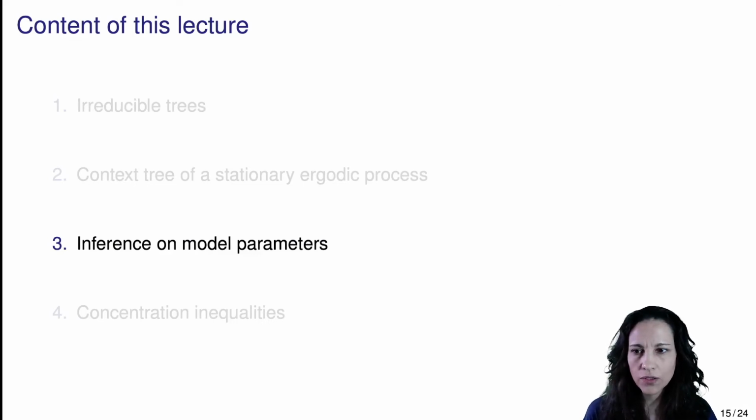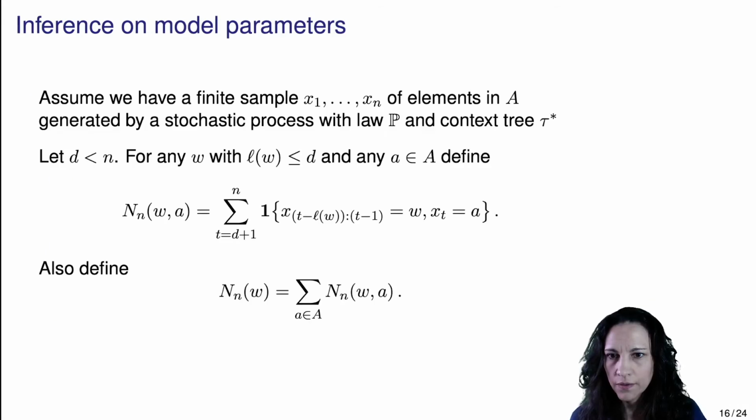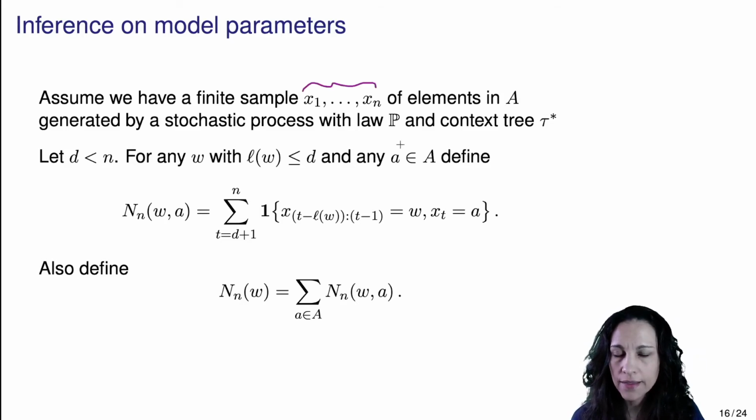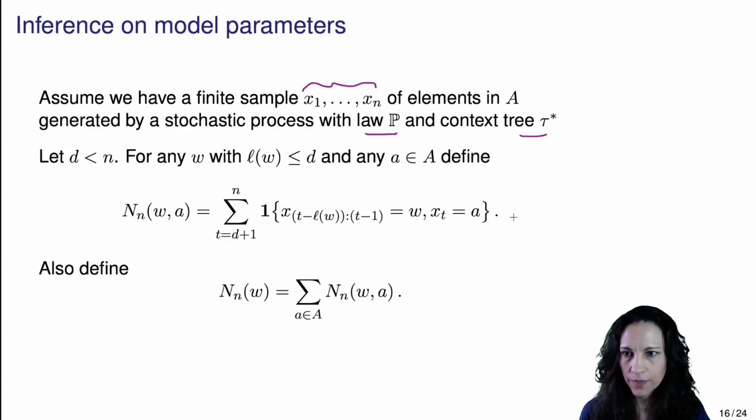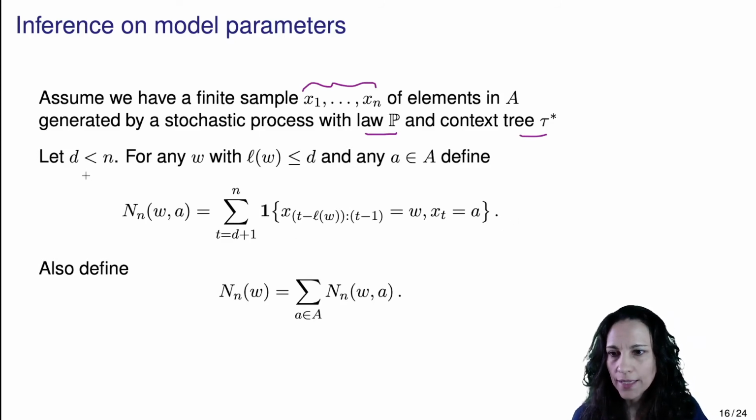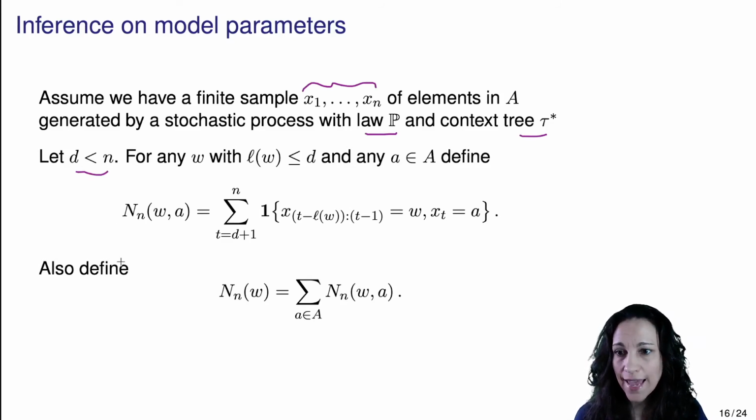Okay, now let's talk about inference of model parameters. Assume we observe a finite sample of symbols in A, denoted by x1 to xn, generated by a stochastic process with law p and context tree tau star. Let d be an integer smaller than n.